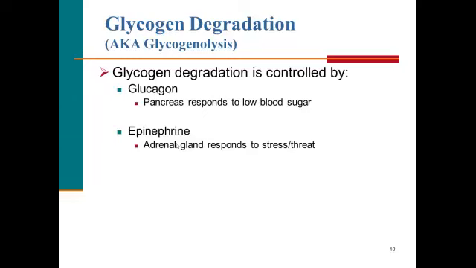Granted, when I think about the fight or flight mechanism, I think about skeletal muscle and the importance of movement to respond to that stress. So our skeletal muscle will need glucose. And so epinephrine is a way to make sure that glucose is put back into the blood and made available for the skeletal muscles to respond to that stress.